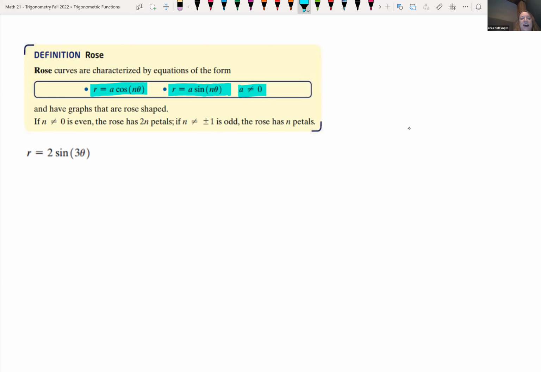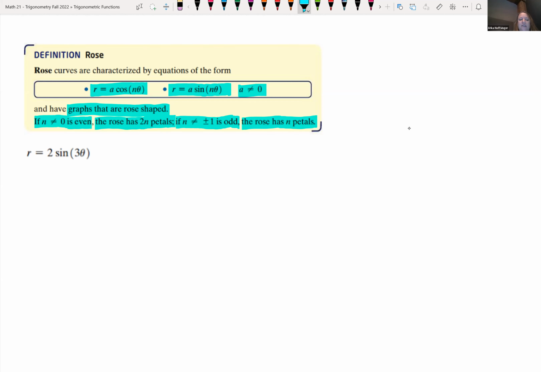And they will have graphs that are rose shaped. If n does not equal 0 and is even, then we say that the rose will have 2 times n petals. So knowing how many petals we have is going to be helpful to know what the graph looks like. If n does not equal plus or minus 1 and is odd, then the rose has n petals.